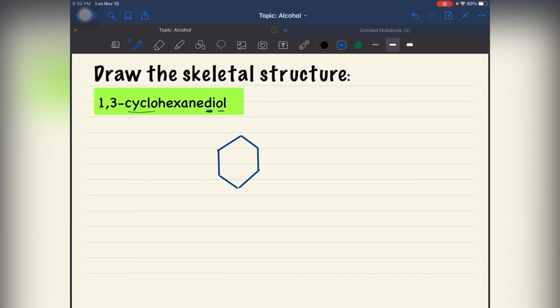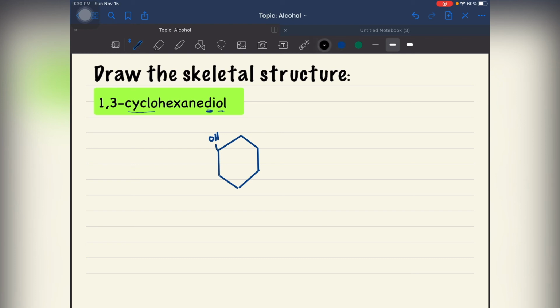The next here, sabi, 1 and 3. So, kahit saan dito pwede tayo mag-start ng carbon number 1, since pinapadraw lang naman sa atin. Para sa akin, gusto ko dito tayo mag-start ng number 1. The next functional group is at carbon number 3.